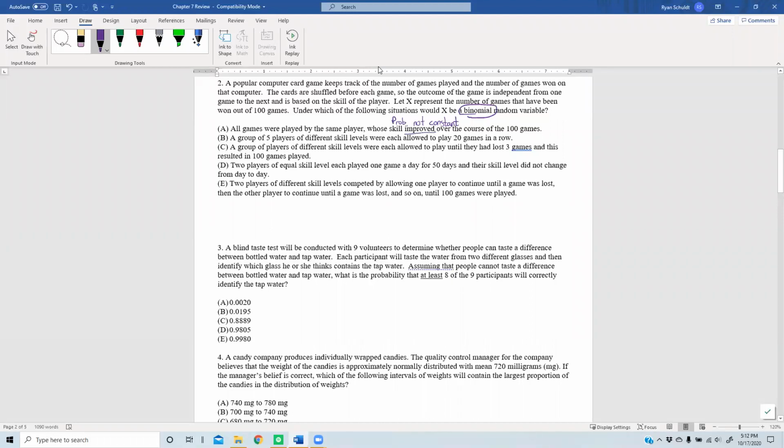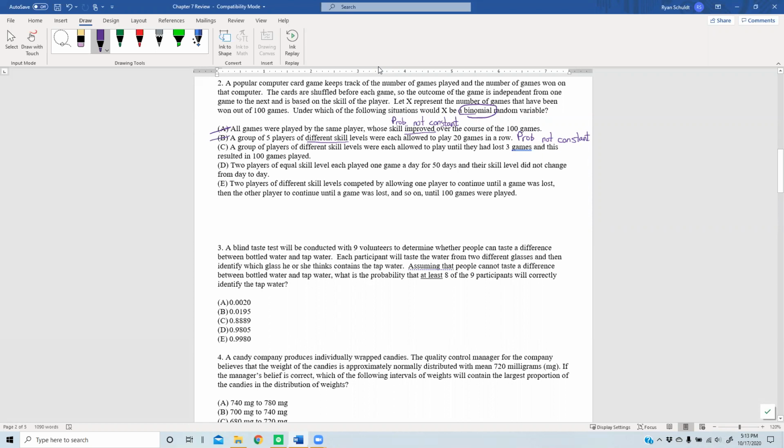So we can throw A out. B, a group of 5 players of different skill levels were each allowed to play 20 games in a row. Okay, if they had different skill levels, are their probabilities constant? No. So again, probability not constant. Throw it out.